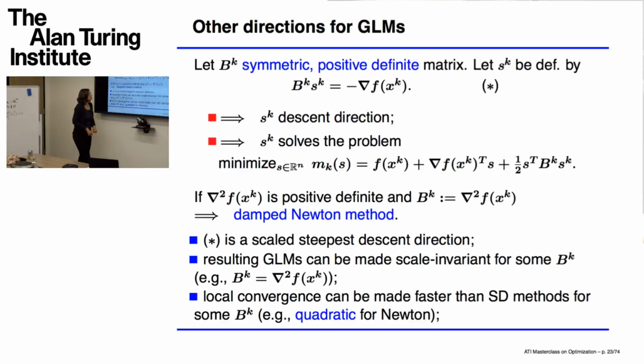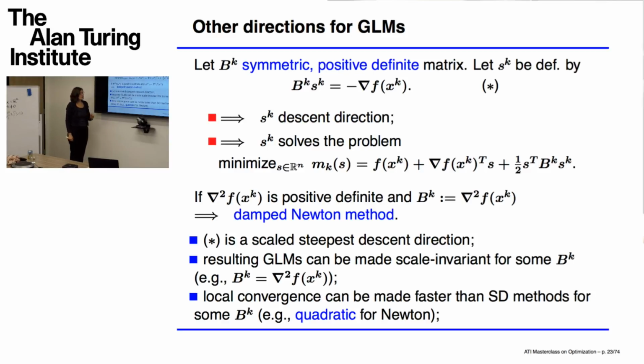Now the amazing thing is that if I do this, things improve very much. In particular, I can make my method scale invariant. So the behavior of the method will not be affected by linear or affine transformations of the variables for certain choices of Bk, such as the Hessian.